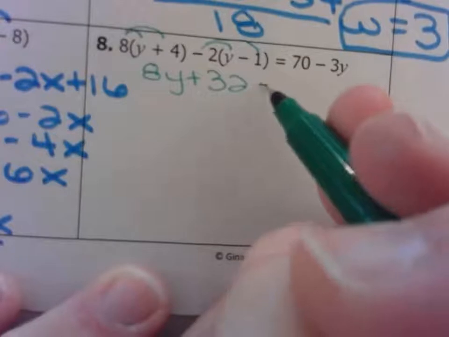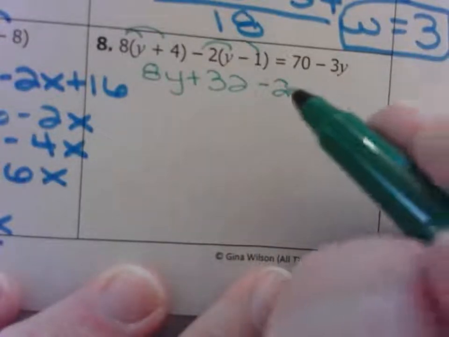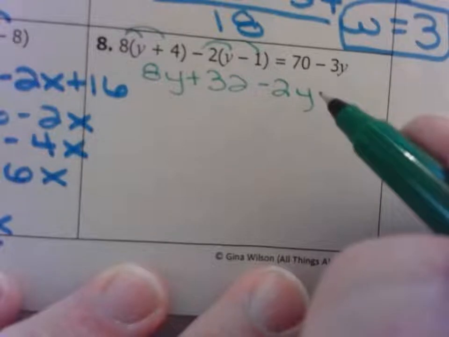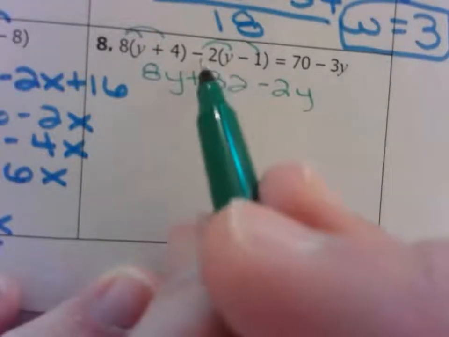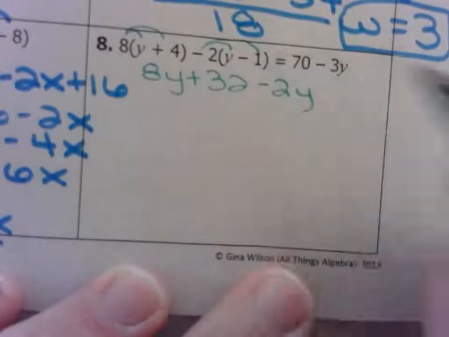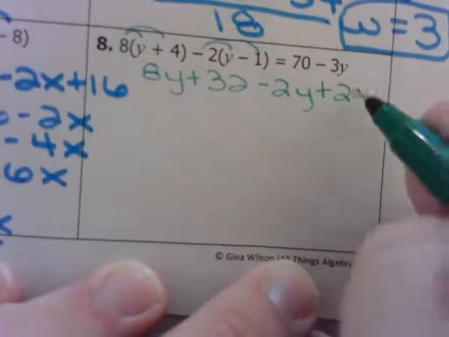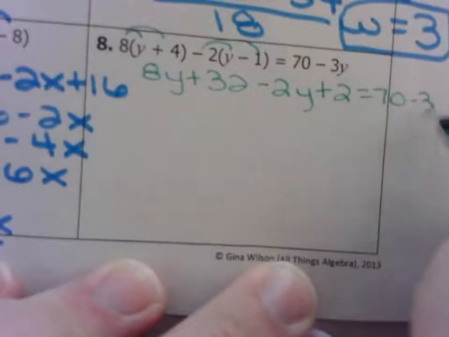Negative 2y. Negative 2 times y is negative 2y. What's negative 2 times negative 1? Positive 2. Equals 70 minus 3y.